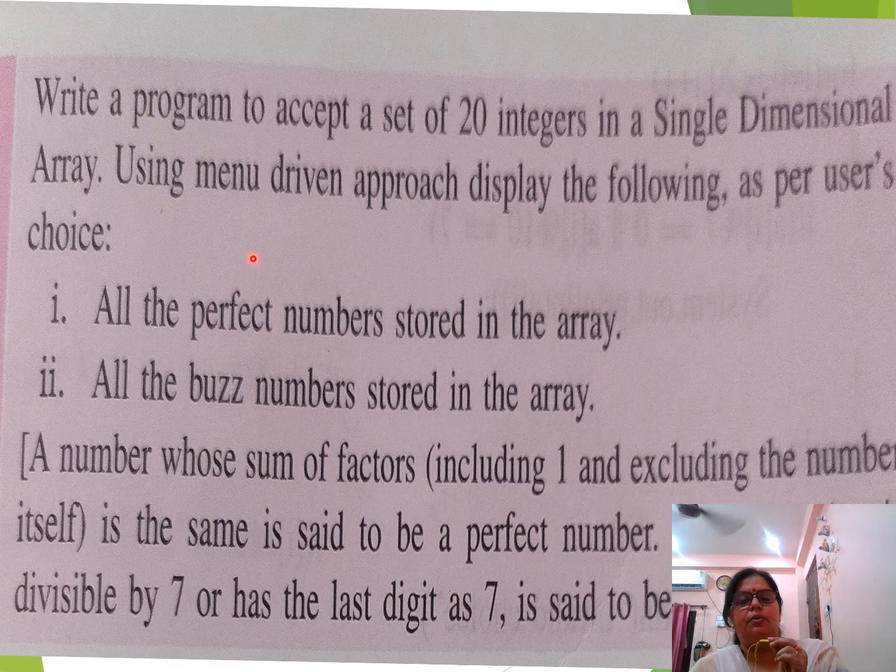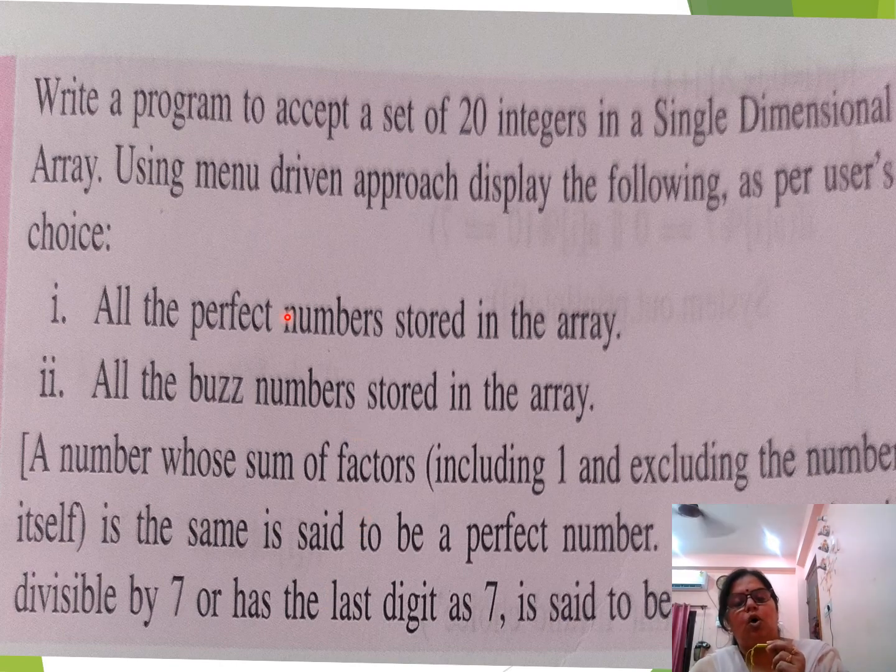Now this program. Write a program to accept 20 integers in a single dimension array using a menu driven approach to display as per the user's choice. You have to find out all the perfect numbers stored in the array and all the buzz numbers stored in the array. Here the definitions of perfect number and buzz number have been given. I think you have done this program in ninth class, buzz number and perfect number.